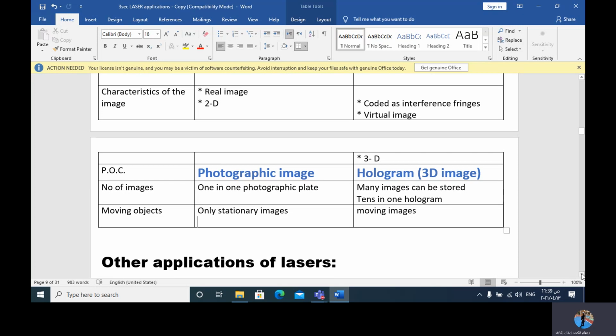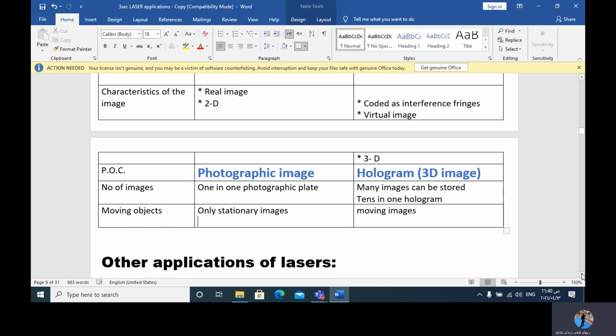Now, in normal photographic image, I have stationary images. What I mean by stationary image is images that don't move. Once the photographic plate is developed, I see the images, and they don't move. But the advantage of having a hologram is these images can also move.